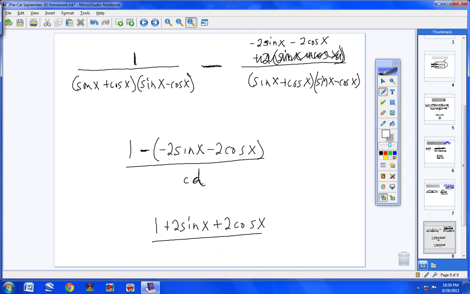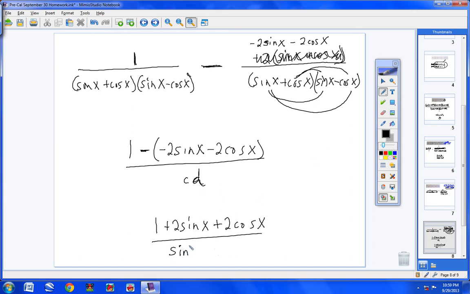If you were to take your common denominator right here and multiply it out, sine times sine, sine times negative cosine, and then cosine times sine, and then cosine times negative cosine, you will get this right here.